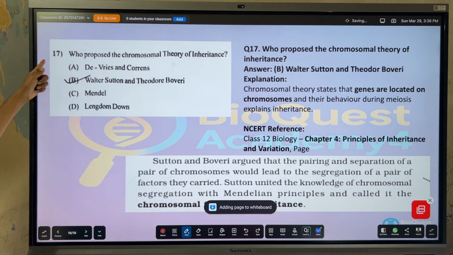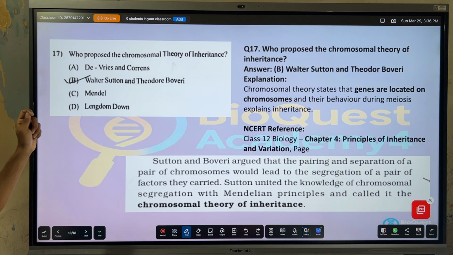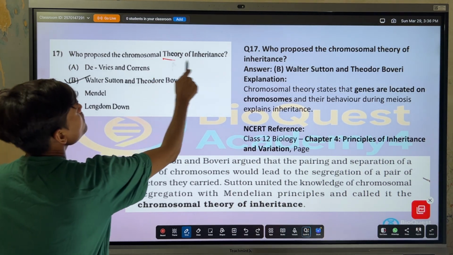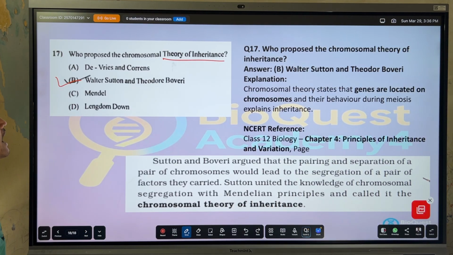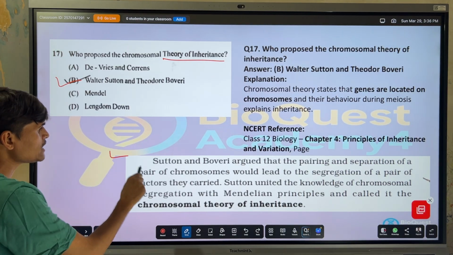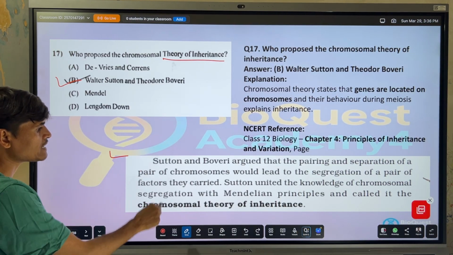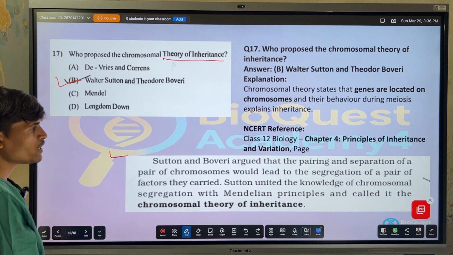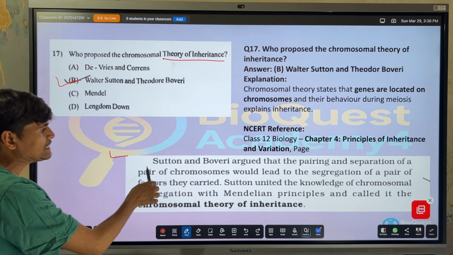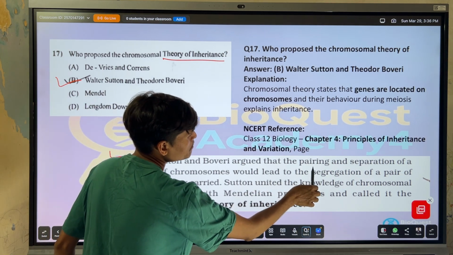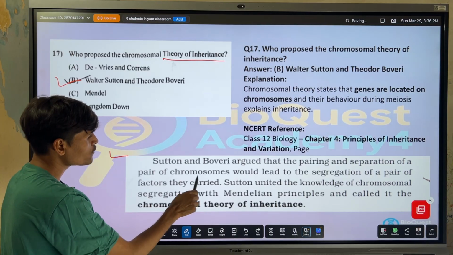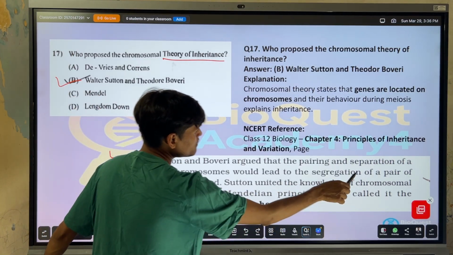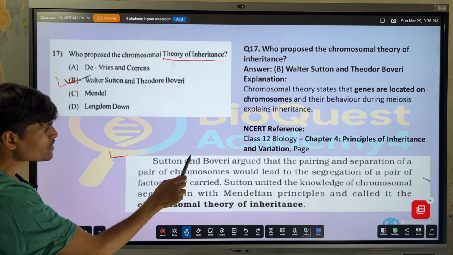Next question 17. Who proposed the chromosomal theory of inheritance? Direct answer, you can see Walter Sutton and Theodore Boveri. Again, the answer is from here, the textbook, directly line by line. But you need to read it fully. Sutton and Boveri argued that the pairing and separation of a pair of chromosomes would lead to the segregation of a pair of factors they carried.